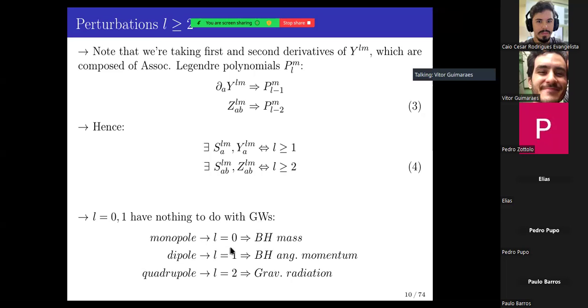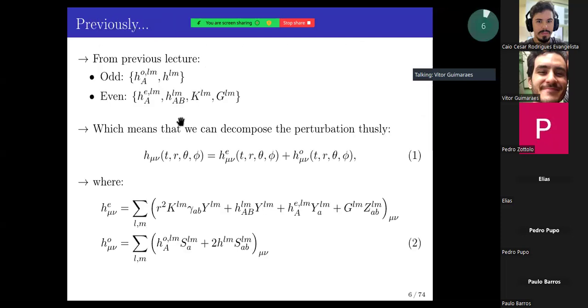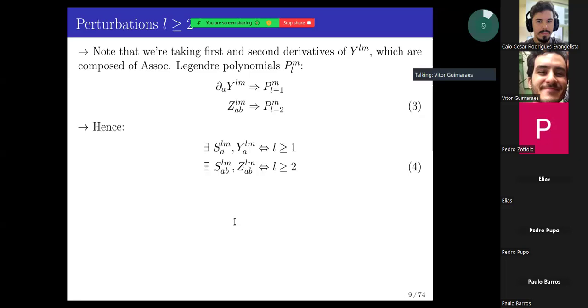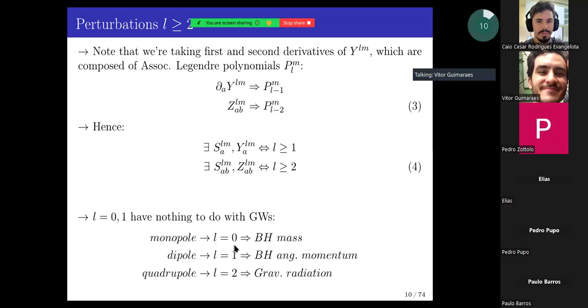The L equal 0 perturbations, remember that the H's here are all concerned also with L and M, will be related to the change of black hole mass.